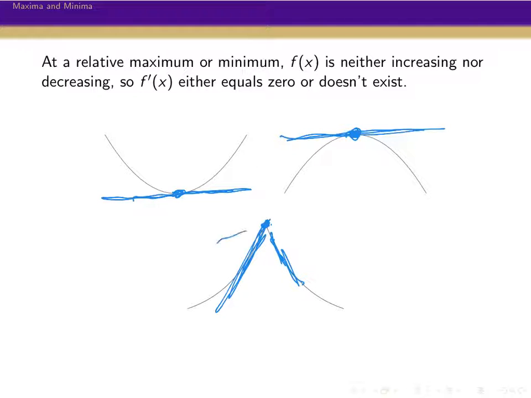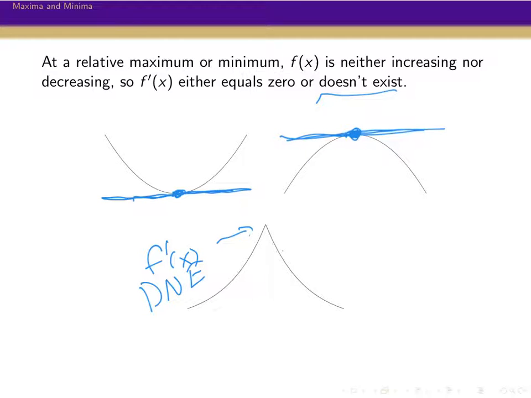And so for this one right here, f prime of x at this point doesn't exist. So this is an example of what it would look like when it doesn't exist. Let me erase this so you can get a clear picture of it again. You can see it comes together as a hard angle. And the fancy math name for this is a cusp.